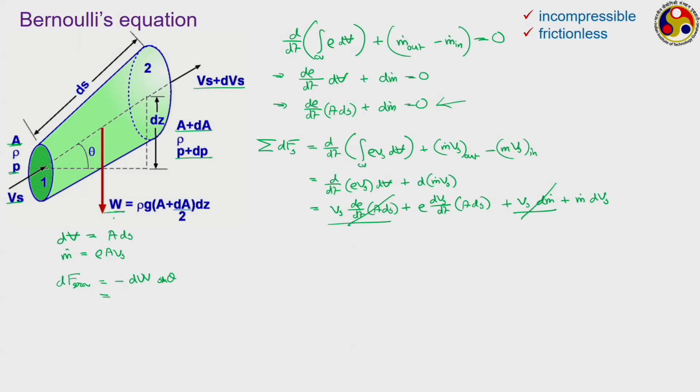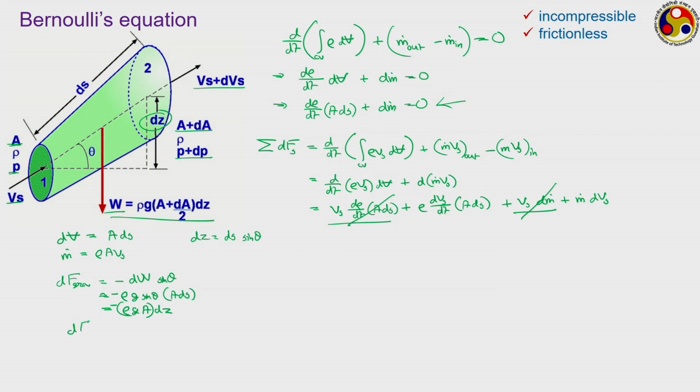Assuming dA to be extremely small compared to A, we can approximate this as rho g sin theta into the volume, which is A ds, and accordingly we can write this as rho g A dz, where dz refers to the change in elevation from the inlet to the outlet, opposite to gravity. dz is equal to ds sin theta, which gives us this relation. Of course, the minus sign I have missed.